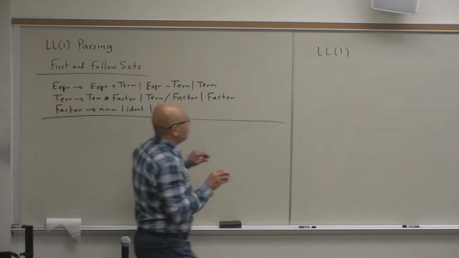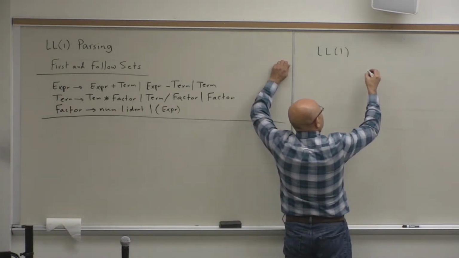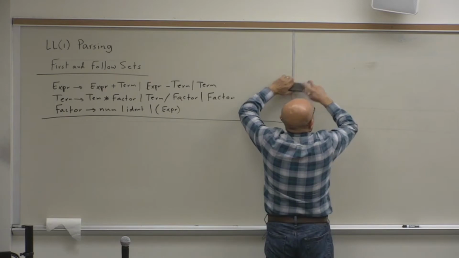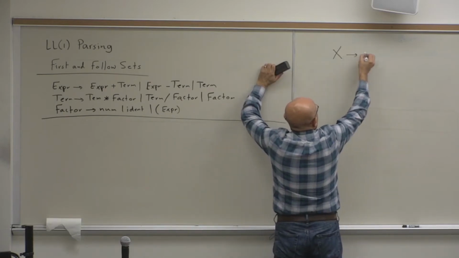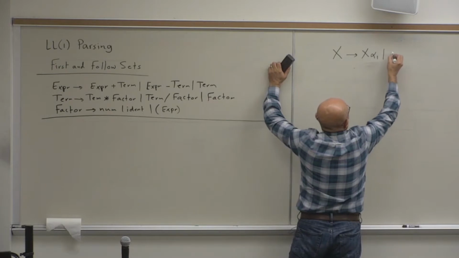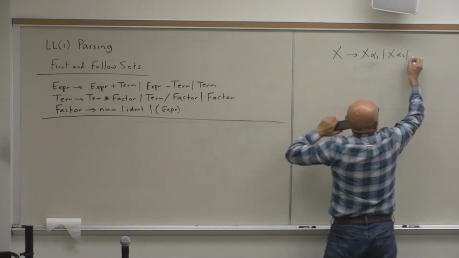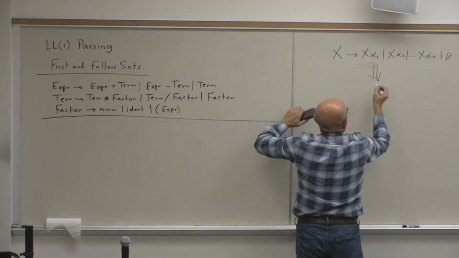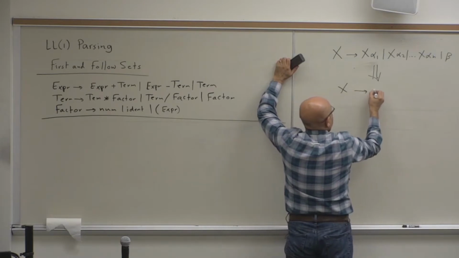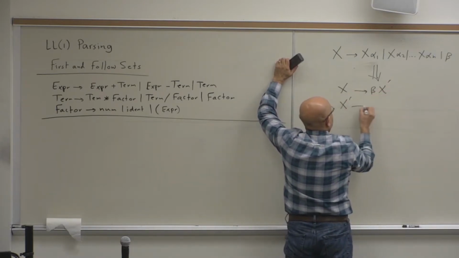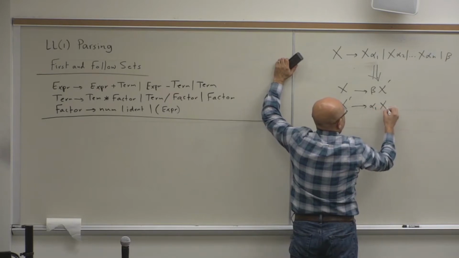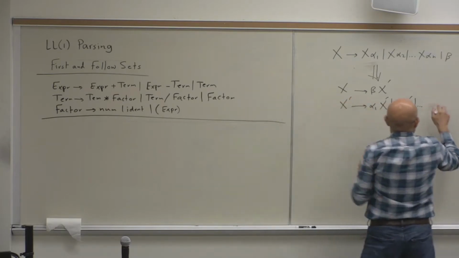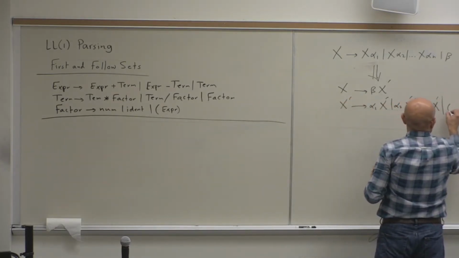Remember, the left recursive form is x is x alpha 1 or x alpha 2 or x alpha n or beta. This gets converted into x is beta x prime, where x prime is alpha 1 x prime or alpha 2 x prime or alpha n x prime or epsilon.